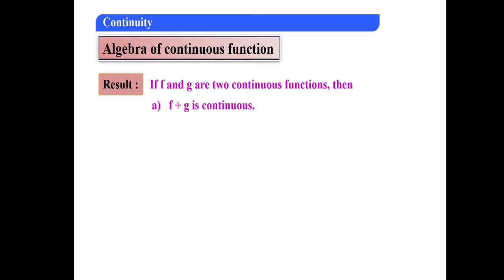If f and g are two continuous functions, then remember students, f plus g is a continuous function, which means if you add any two continuous functions, the resultant addition function is also a continuous function.